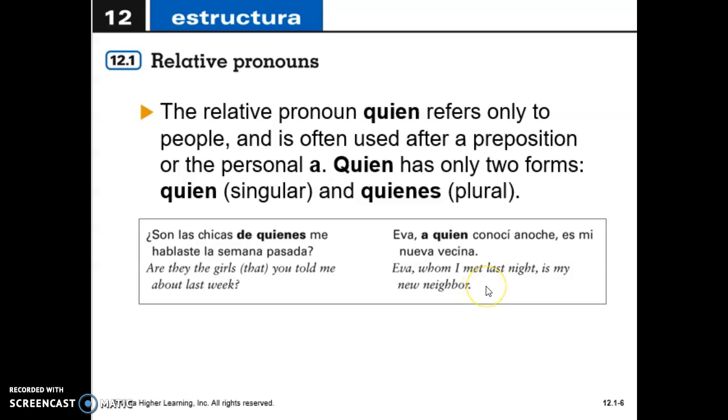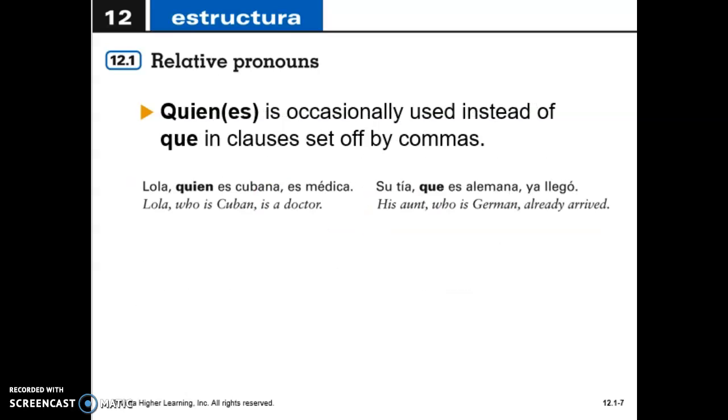Okay? So we can also see that happening, whenever we have singular, whenever we have plural, we have to make sure that we use the correct pronoun. Like I was mentioning before as well, quien or quienes is occasionally used instead of que in clauses set off by commas, okay? What does this mean?